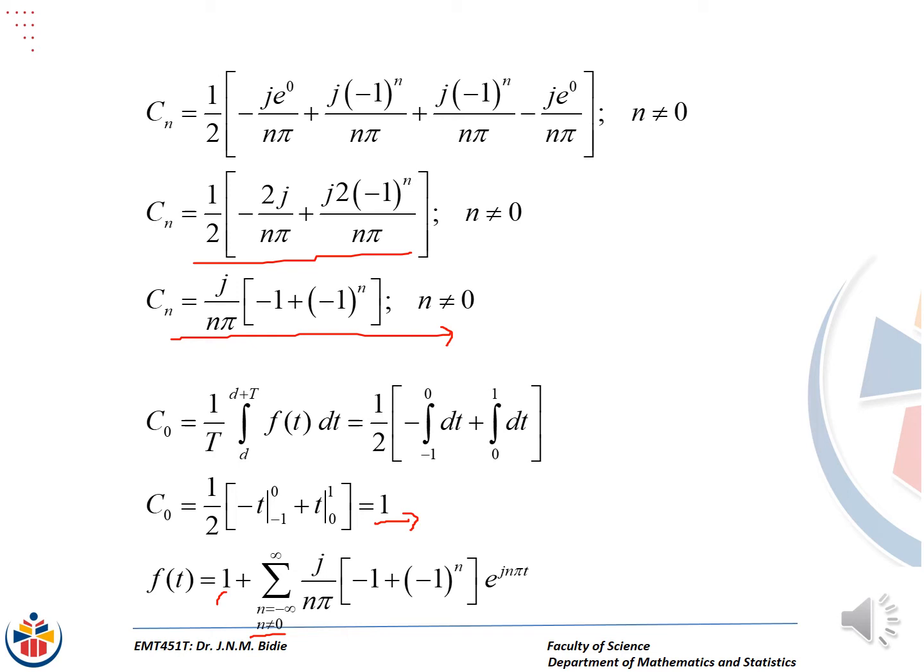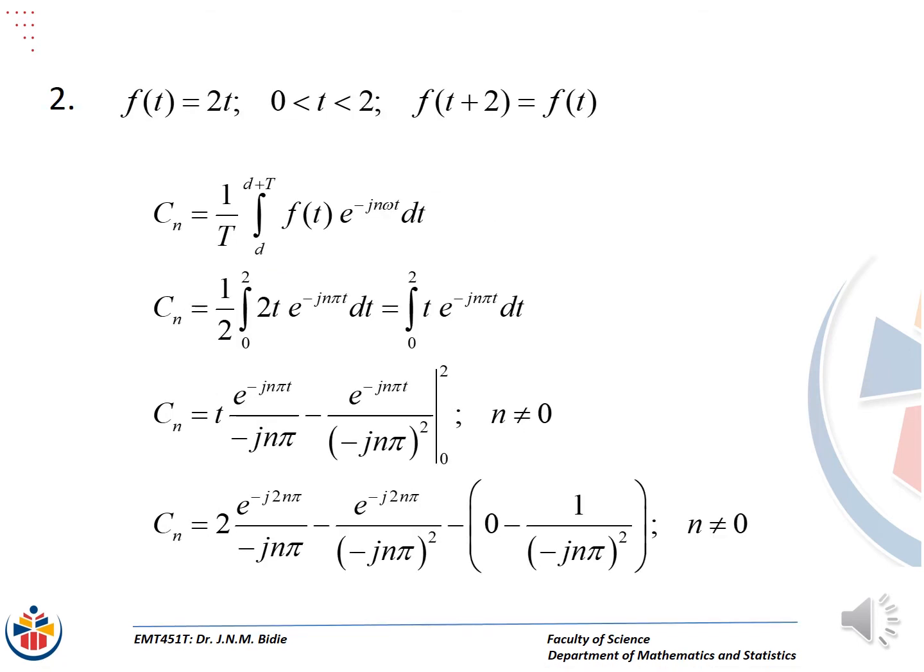Cn, we take it down as it is and we substitute it in there. Note that you must remember, in place of omega, substitute pi. Then we go to number 2.